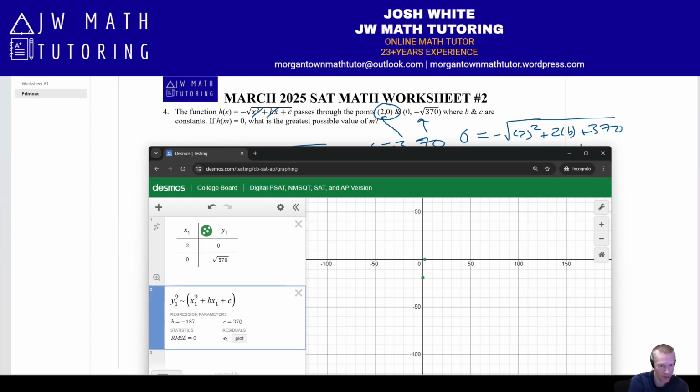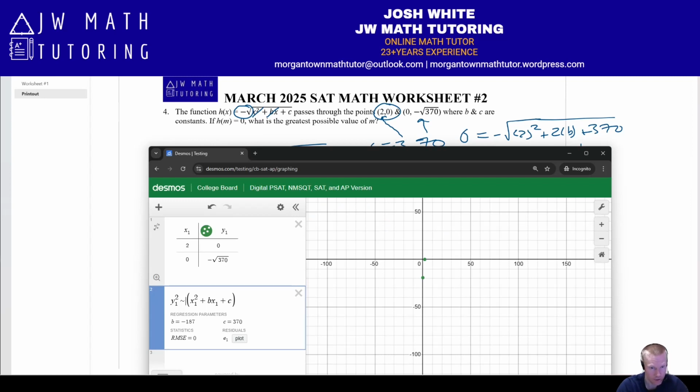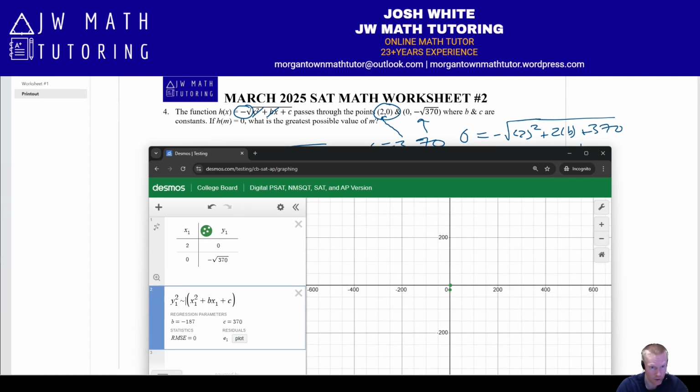Technically, this is the way you have to do it: you have to square both sides, and that will get rid of the negative in front of the radical. But that's fine, because notice it gives you the correct values for B and C. It gives you negative 187 and it gives you 370.